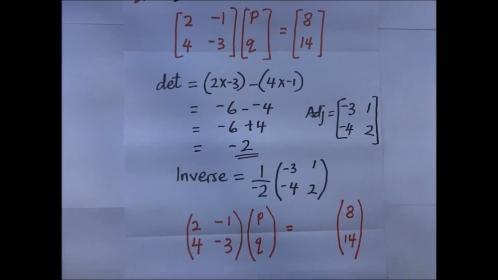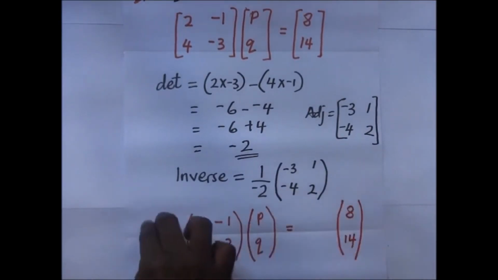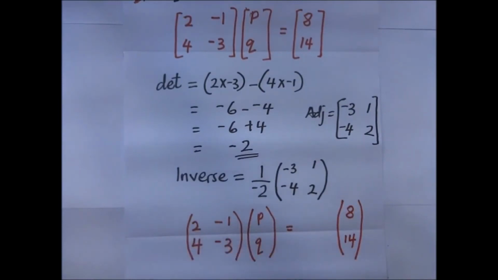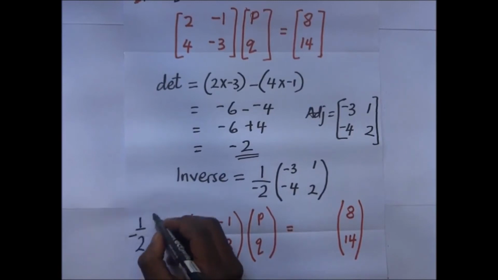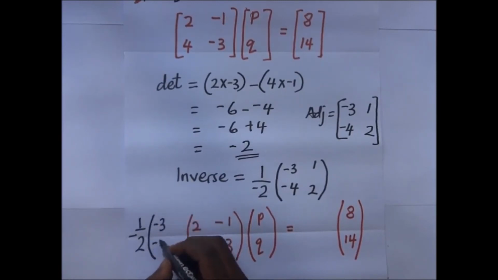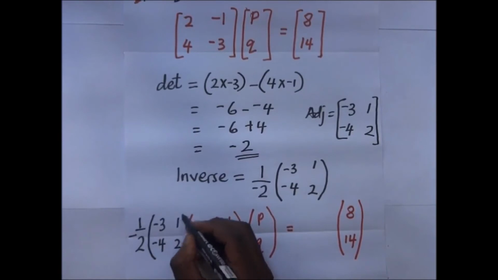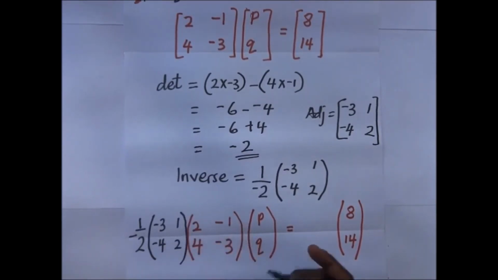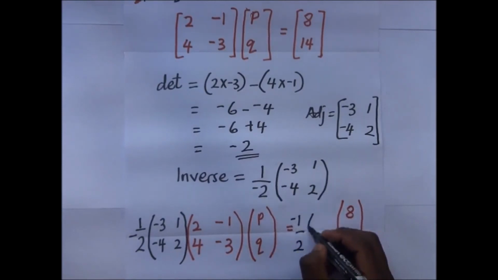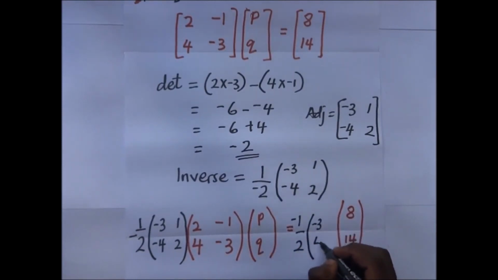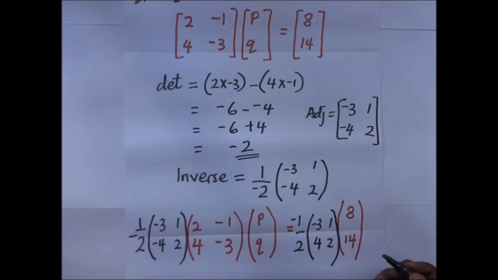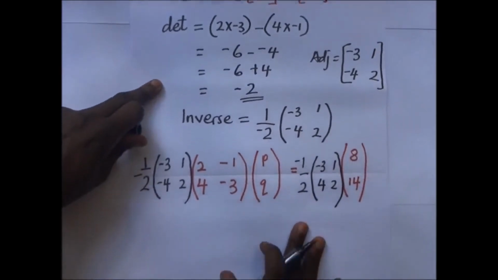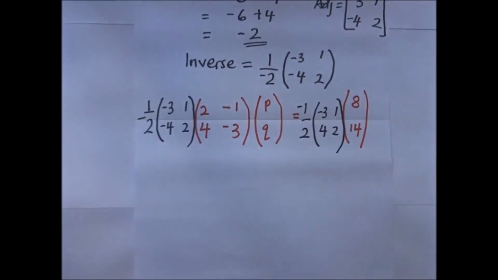We are supposed to multiply this inverse on both sides. So multiplying that is going to give us -1/2 into -3, -4, 1, 2 times that, which is supposed to give us 1/2 into -3, 4, 1, 2, like that. And then the rest is matrix multiplication and we get our answer.